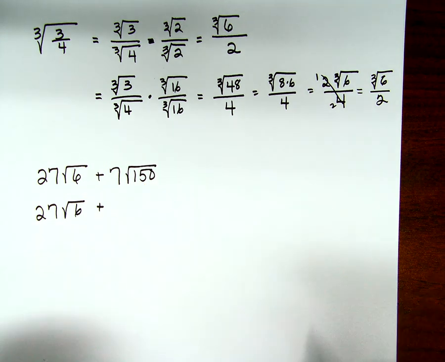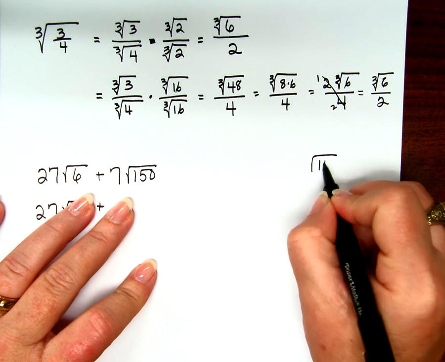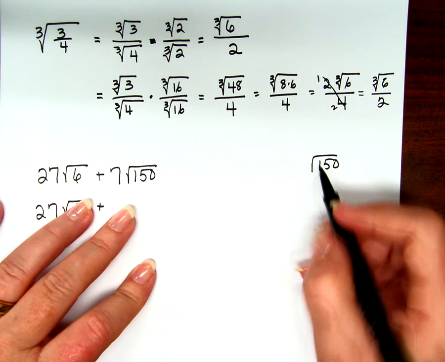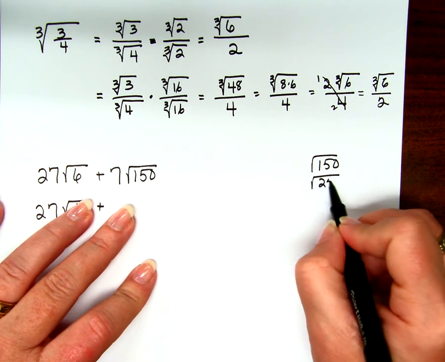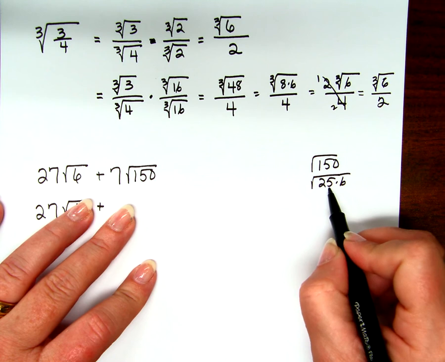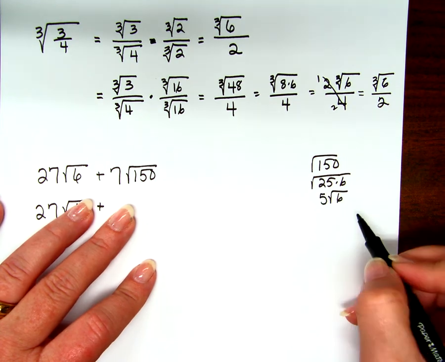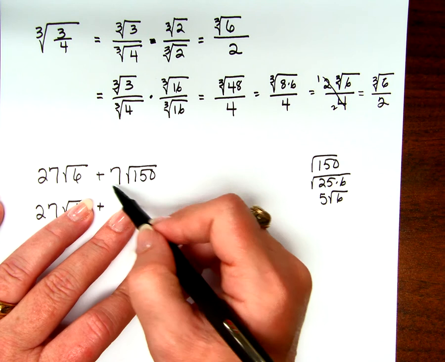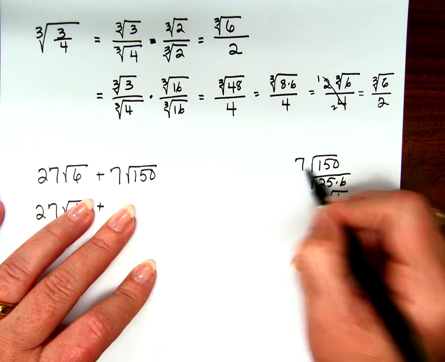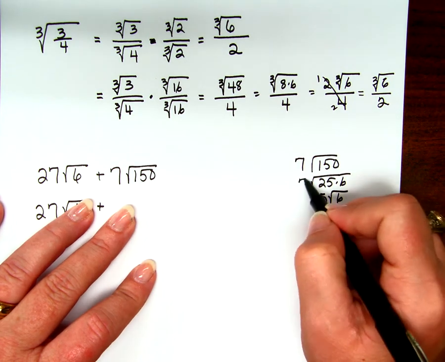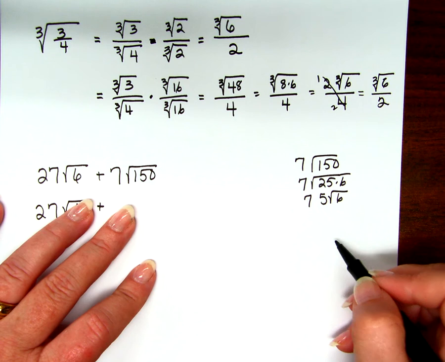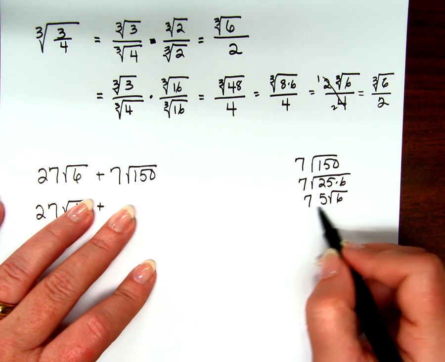Awesome. I'm going to come over here to do my work, though, so I don't mess up my writing over here. 150 is the same as 25 times 6, right? Which becomes what? 5 roots of 6. So the only weirdness going on is I already have a 7 out here, and now I have a 5 out here. Is it just like 75?